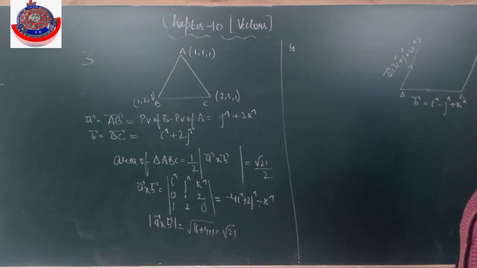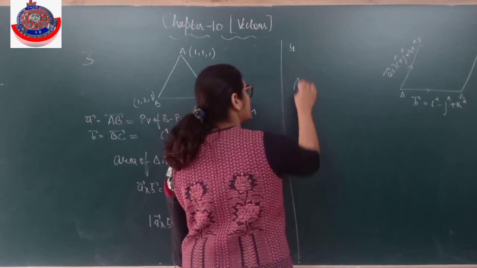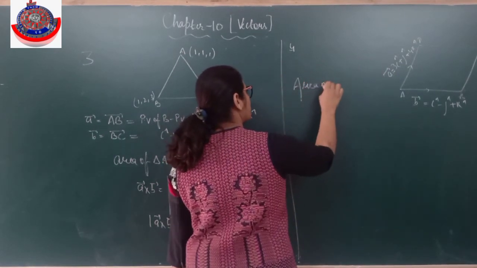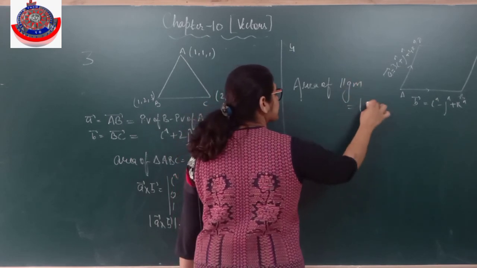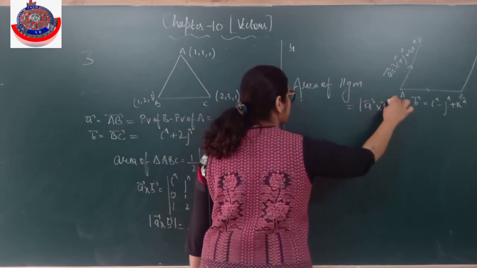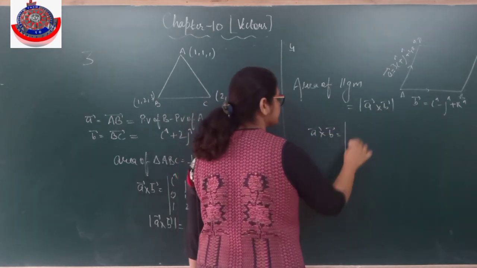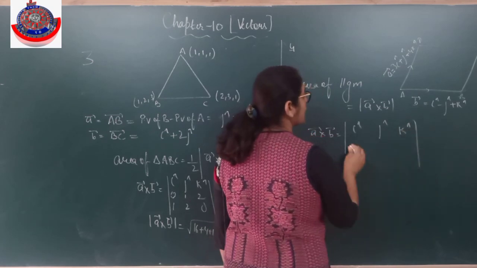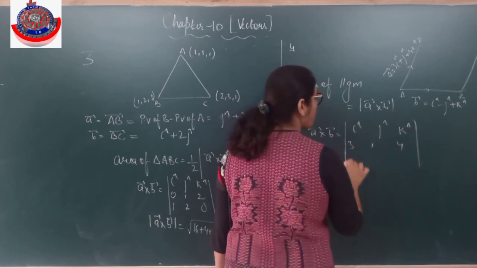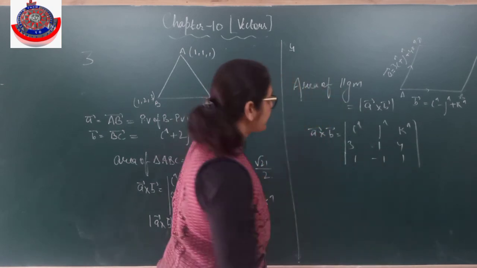Similarly, I need to find the area of the parallelogram whose adjacent sides vectors are given. Vectors are already given to us. So I know the formula. Area of parallelogram is what? Magnitude of A vector cross B vector. So I'll find A cross B. 3, 1, 4, 1 minus 1, 1. Alright, find it.